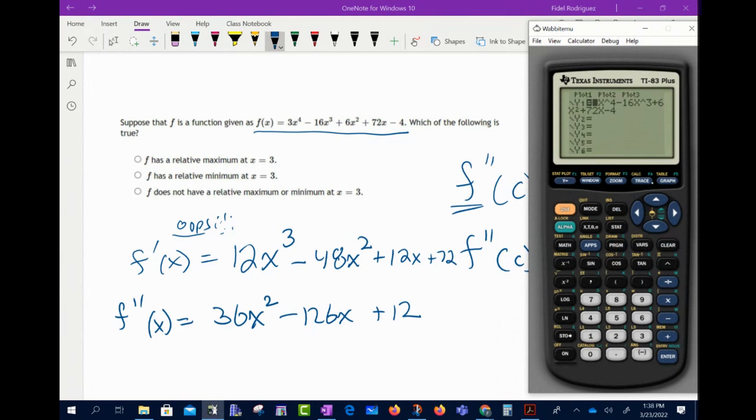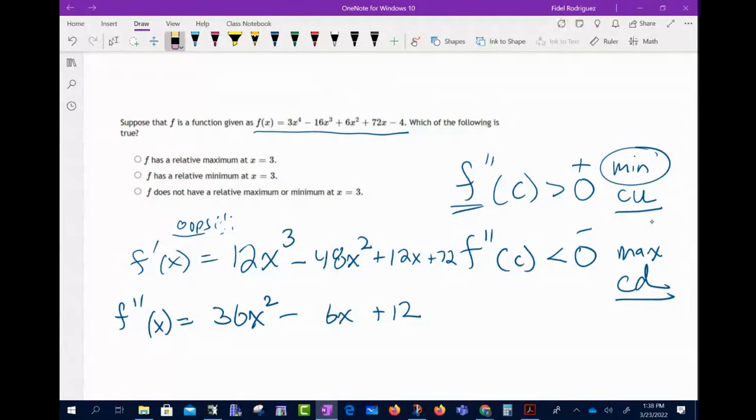Okay. So let's see. 36x squared minus 126 with an x plus 12. Okay, there we go. You're right, 96. Sorry about that. 96.